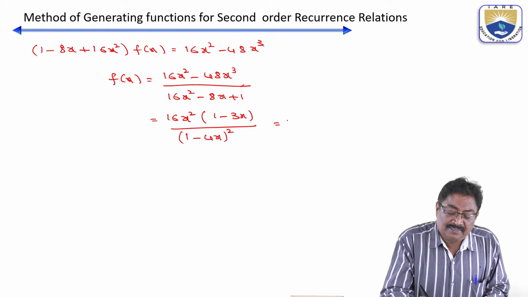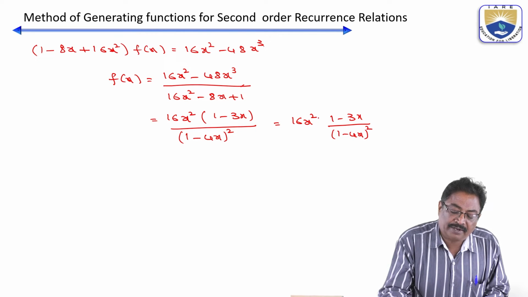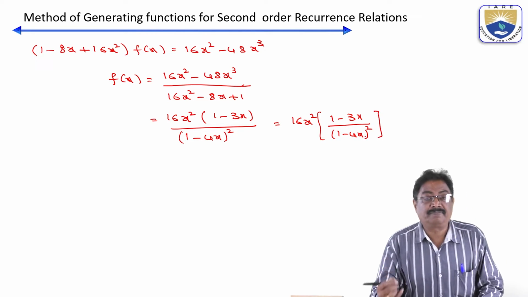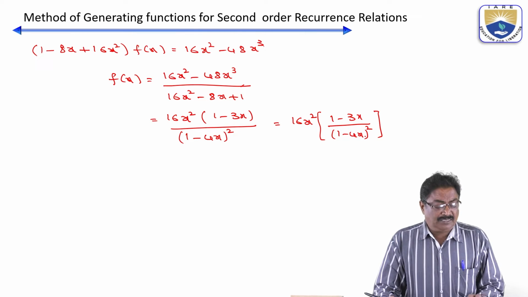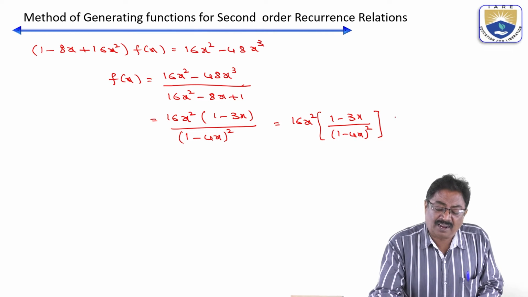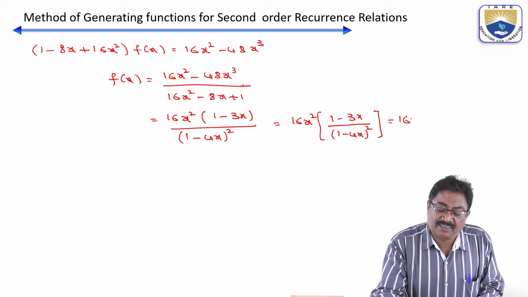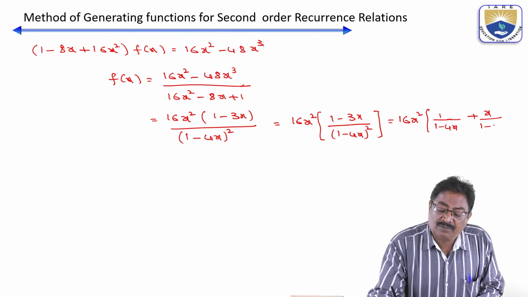Now this is 16x square times 1 minus 3x by 1 minus 4x whole square. Now just by using partial fractions, or else directly we can write this as 16x square times 1 by 1 minus 4x plus x by 1 minus 4x whole square.